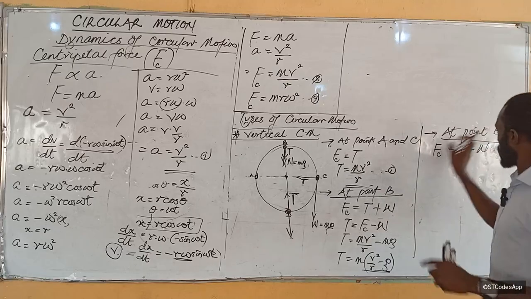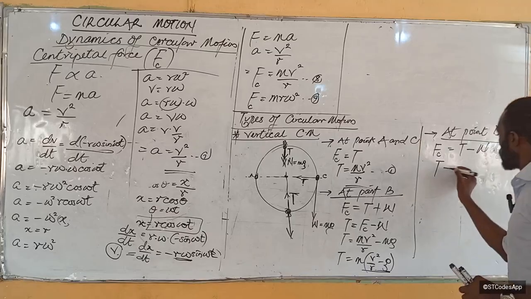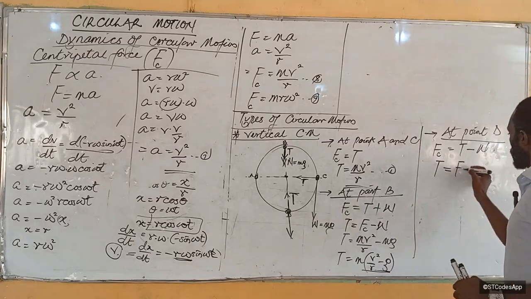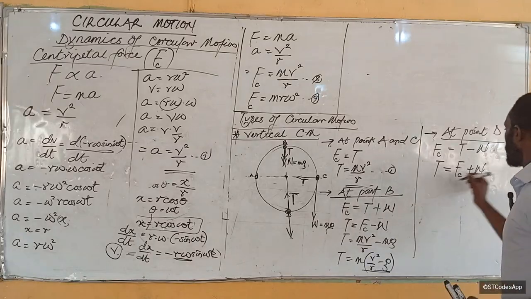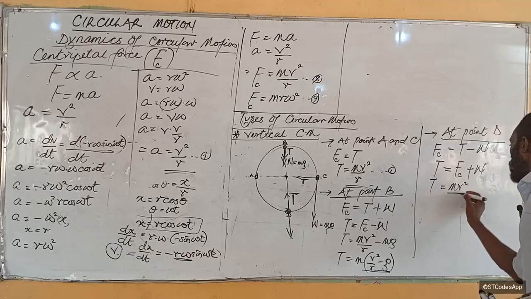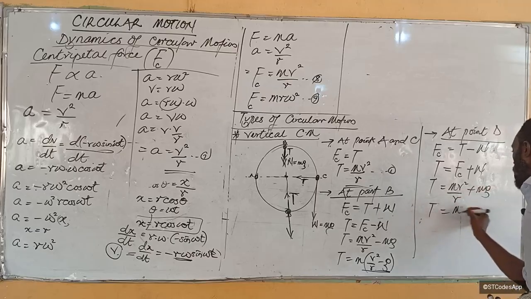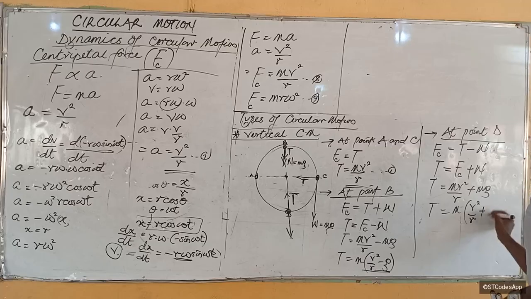Therefore, weight will come here, because it's the tension we need, right? Tension will be equal to the centripetal force plus weight. So tension therefore becomes mv squared over r plus mg, or T equal to m times the bracket v squared over r plus g. So what does that tell you?